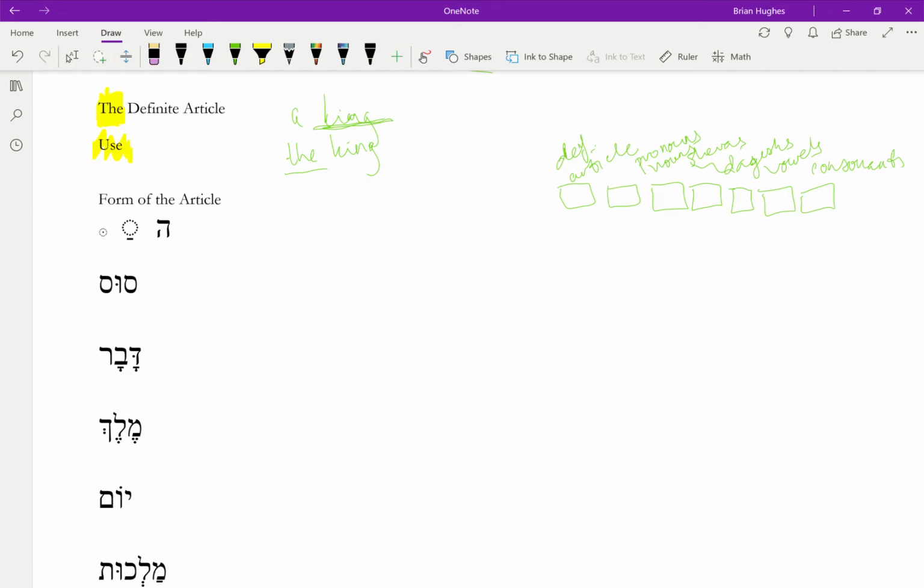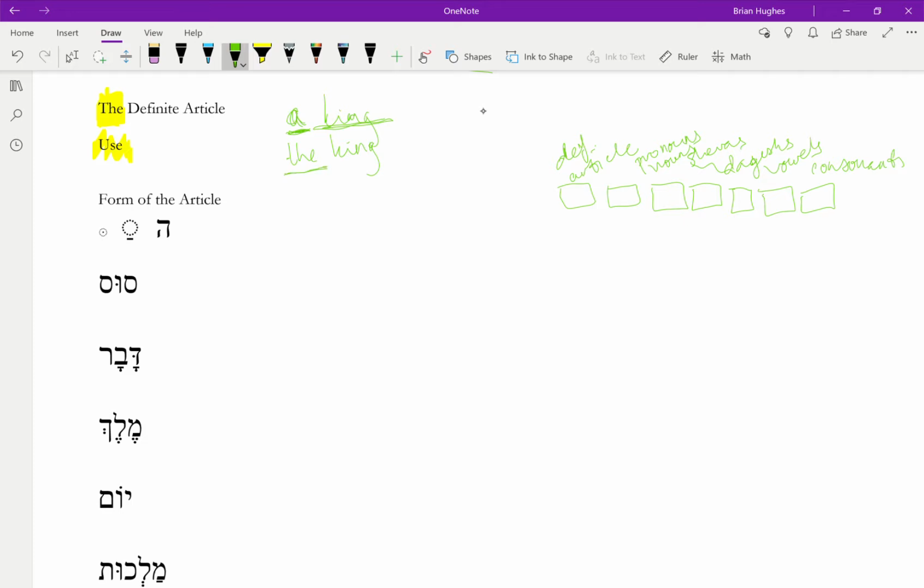So in English, we have words for an indefinite article. A king, an apple, things like that. Hebrew does not have an additional word for an indefinite article. It has certain ways of singling things out that you can learn about later, but there's not a set word for the indefinite article.